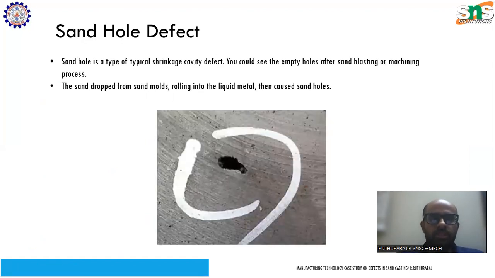So the first casting defect is sand holes. This type of defect occurs due to improper compaction of sand. How this occurs is that you will be dusting a layer of parting sand over the pattern during the mold making process.